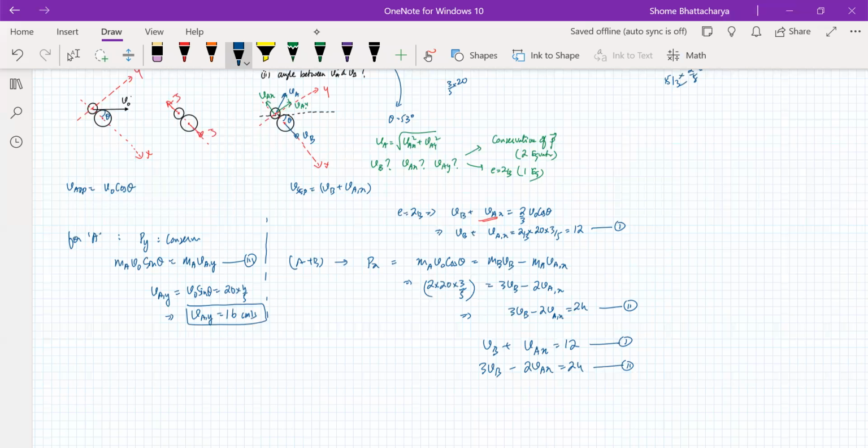So let's divide this whole equation by 2 and add these two. So we have 3 by 2 plus 1 VB will become 12 plus 12, 24. So this will give us the correct value: 5 by 2 VB is equal to 24.